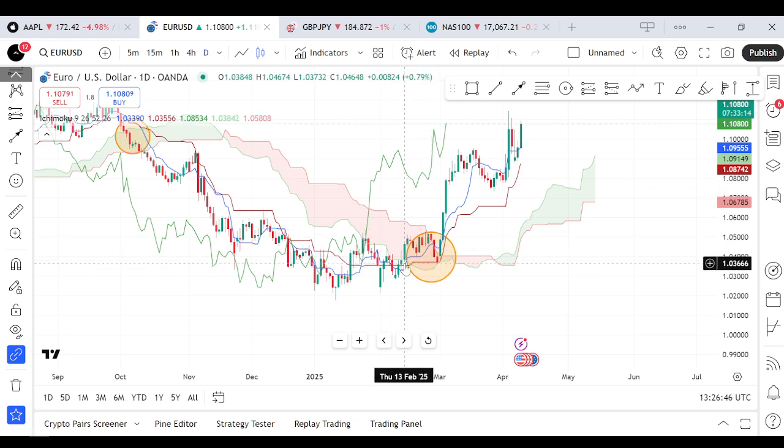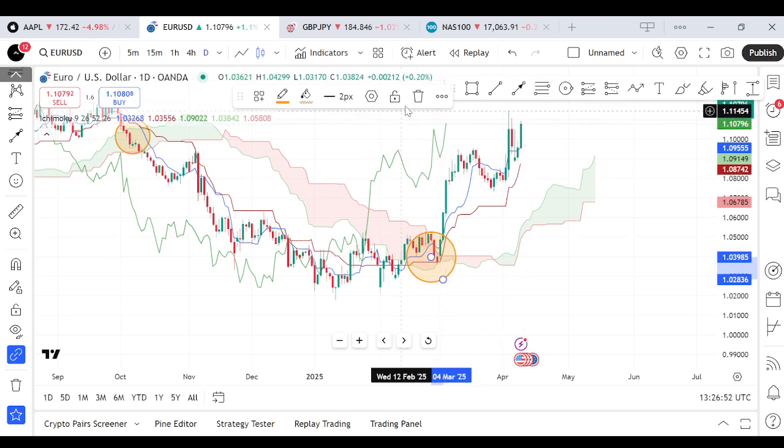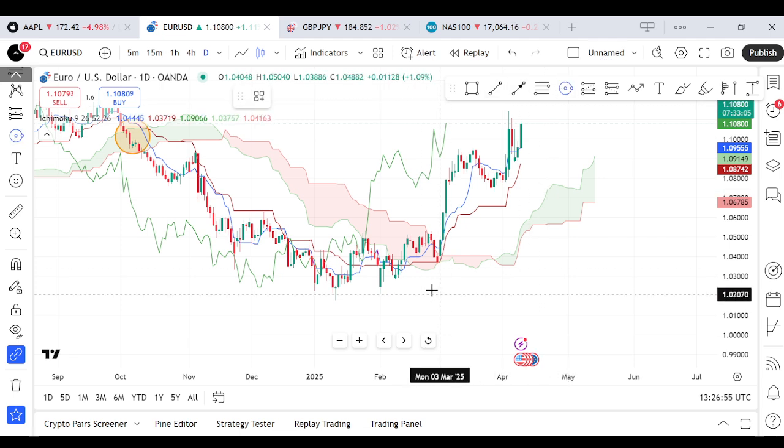We also have the crossover between the conversion line going above the baseline, and all of this also coincides with this bullish candlestick pattern right here. We have this bullish morning star candlestick pattern, and also you have this break of market structure to the upside.